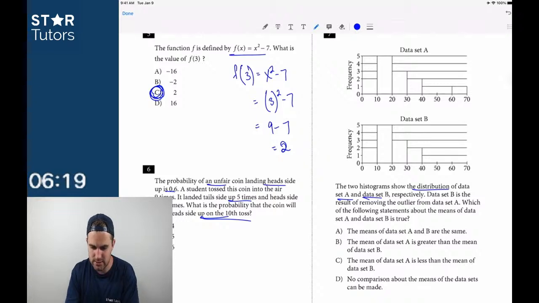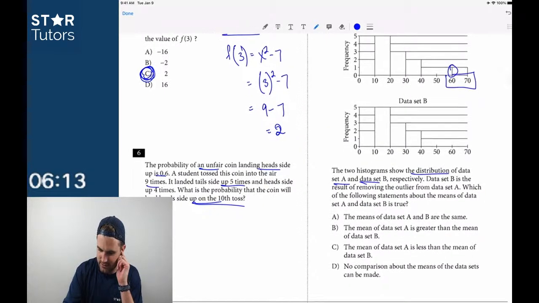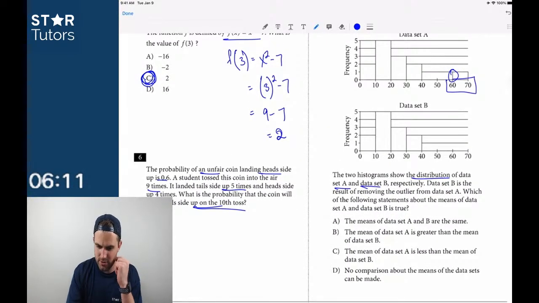I think this is saying that there's some value out here, right, with this line. It's hard to tell because, like we said, with the printer issue, but these ones seem the same, and then there does seem to be some value. So the mean of data set A is greater. They're not the same. I think it's B.